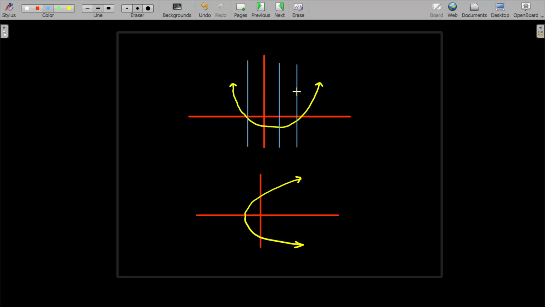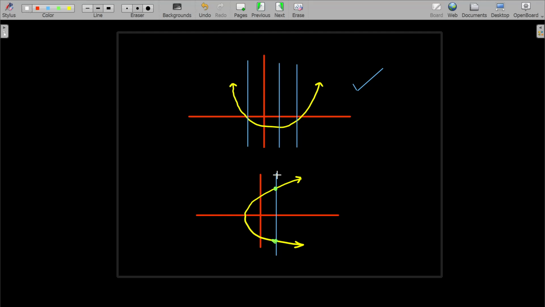So in this one, if I draw any vertical line anywhere, it will not touch the parabola at more than one point, so this is going to be a function. But in this case, if I draw a vertical line here, it is touching the graph at 2 points.